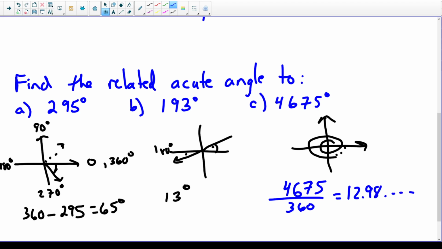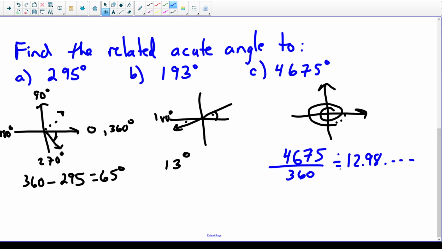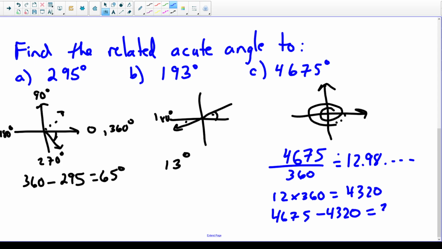And it's not a perfect .98, okay? It continues off. It's a huge decimal. And I'll come back to why I'm saying that in a second. But that means I've gone at least 12 times around the circle. So if I do 12 times 360, it's going to tell me how much I have to eliminate from the total 4,675 to counteract the fact that I went around the circle 12 times. So 12 times 360 gives 4,320. If I now take the 4,675 and subtract the 4,320, it's going to give me what the leftover is, which is 355 degrees.